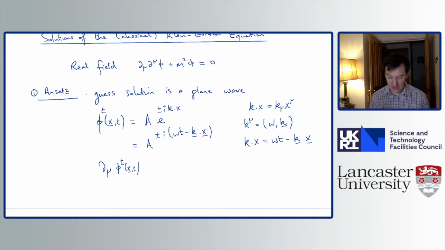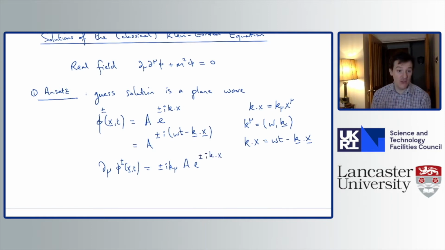Let's go ahead and do that. We have an exponential here. Exponentials are the easiest functions to differentiate. We differentiate this exponential with respect to the space-time derivative. We simply pull down a factor of plus or minus i k mu, so that index mu, and we get the exponential back.